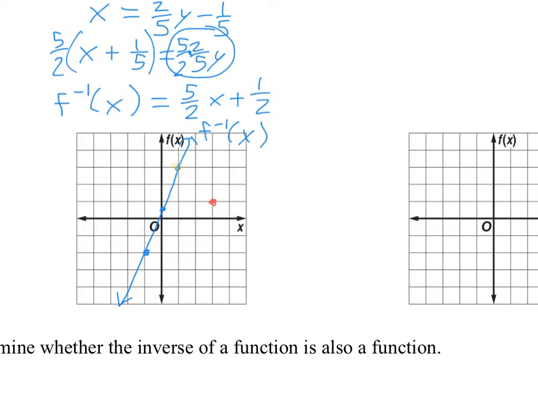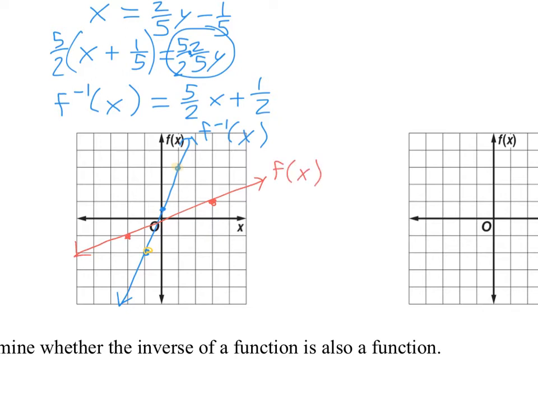Another point I see on the inverse is negative 1, negative 2. So that tells me that negative 2 comma negative 1 would be on the original function. And so now I could draw a line through these two red dots. And this will be our original function.